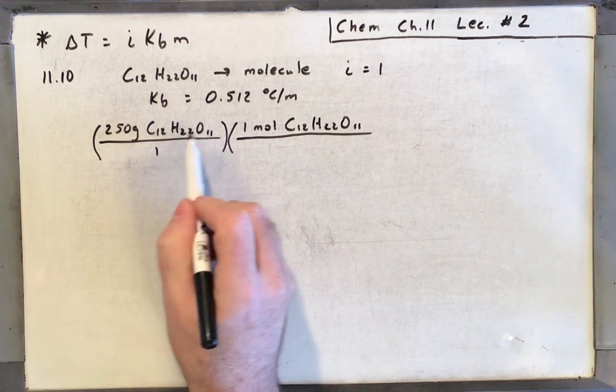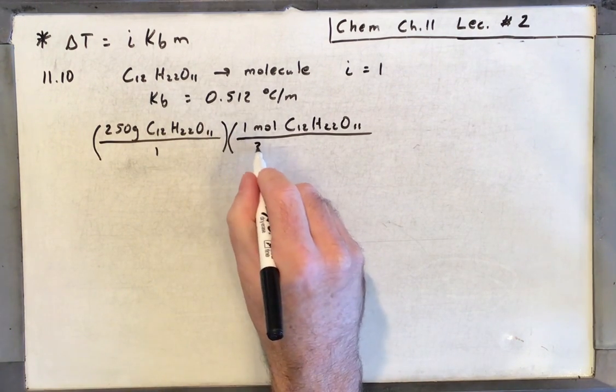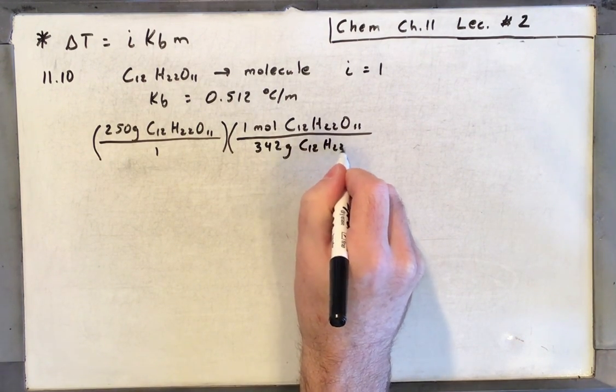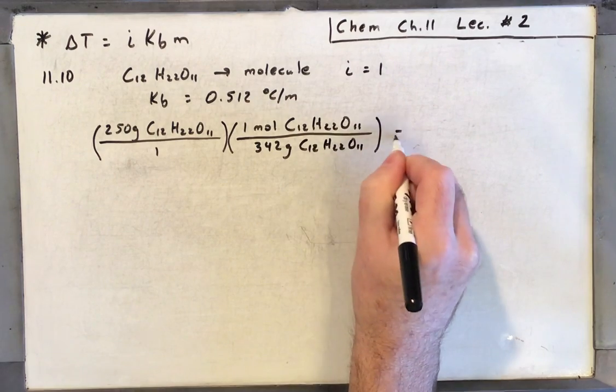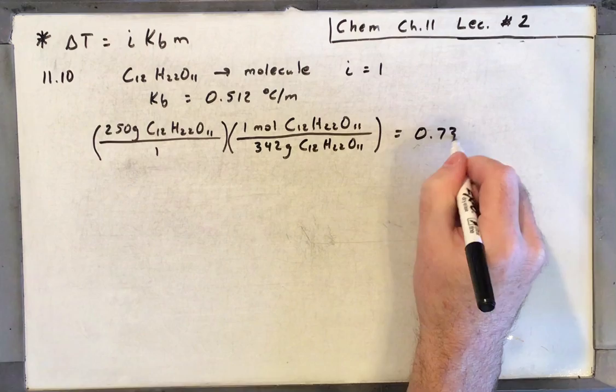So add 22 to that, plus 16 times 11, and that'll give you 342 grams. So 250 divided by 342 is 0.731 moles.